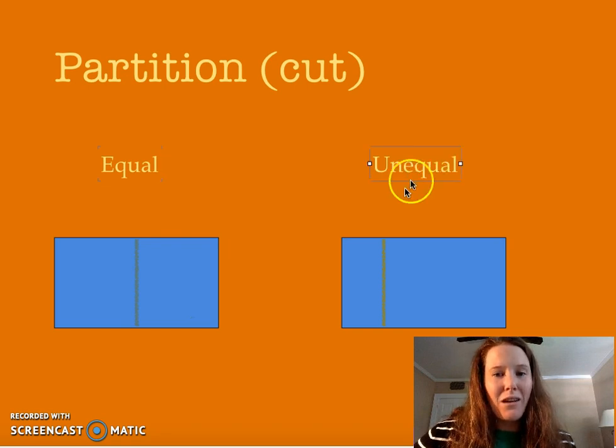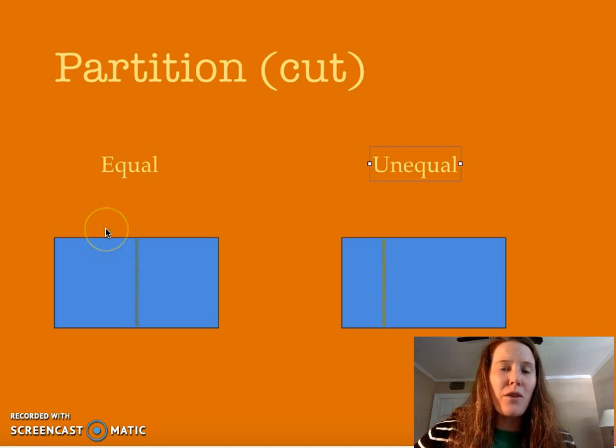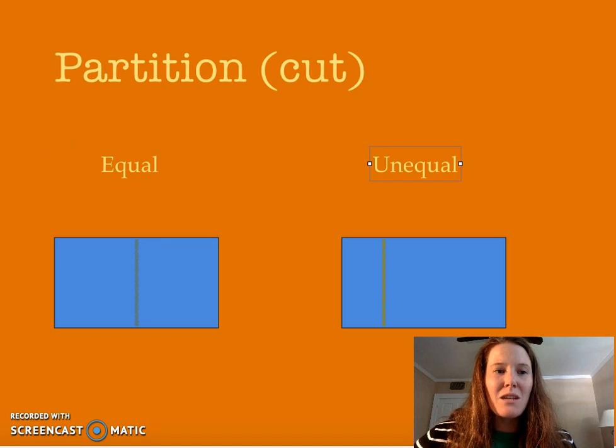This one is unequal because this side does not have as much as this side does. So it is unequal, it is not fair. So when we partition, we want to make sure we are fair and equal and that both sides have the same amount. So let's pay attention to our partitions as we look at some different ways we can partition shapes.